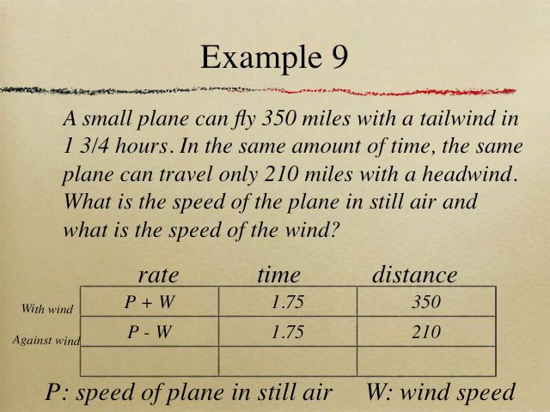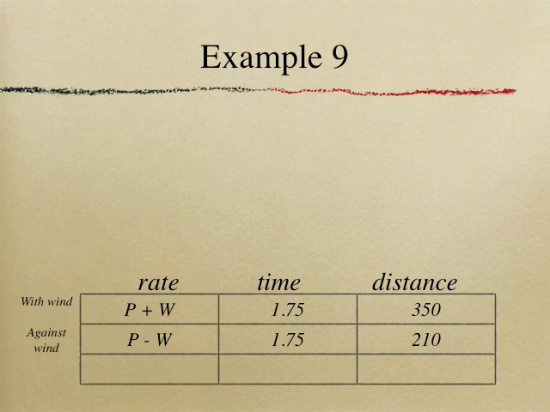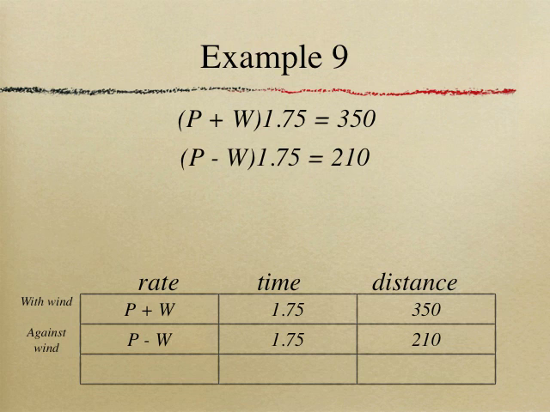Now what equations do I have? Good, rate times time equals distance. So we have rate, that's my P plus W, times time, times 1.75. I want that P plus W in parentheses because I'm using the whole thing as my rate, not just part of it. Then I'll have rate times time equals distance.